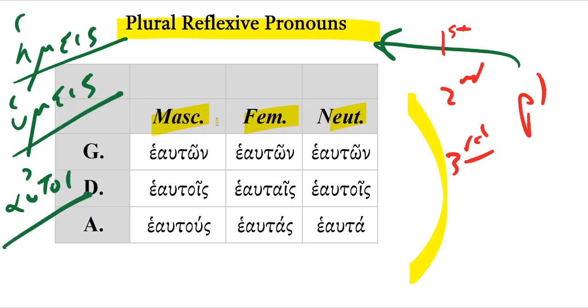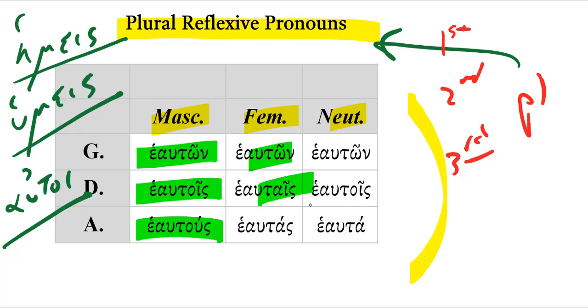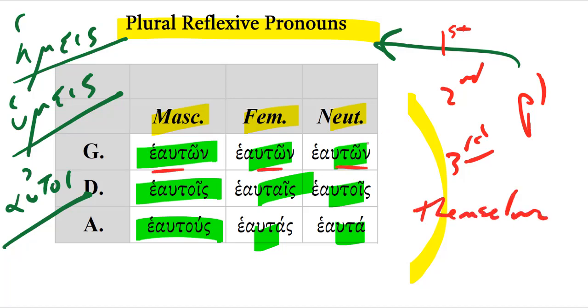So, for example, we'll look at these initial forms here. They could be translated of ourselves, to or for ourselves, ourselves, or, depending on another sentence, they could be translated of yourselves, to or for yourselves, yourselves, or of themselves, to or for themselves, themselves. And of course, there are feminine and neuter forms as well, though in English we don't really distinguish between a themselves that is masculine, feminine, or neuter.